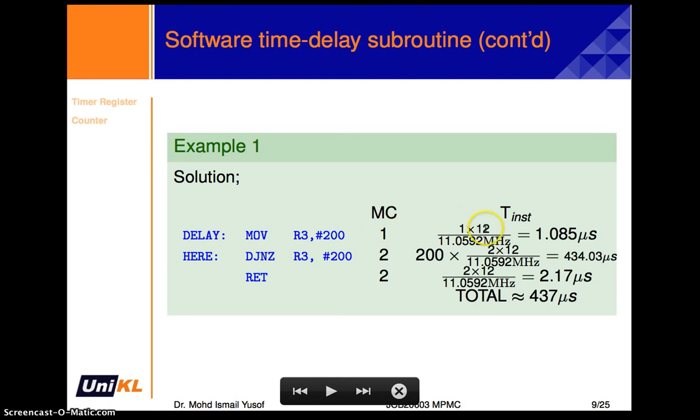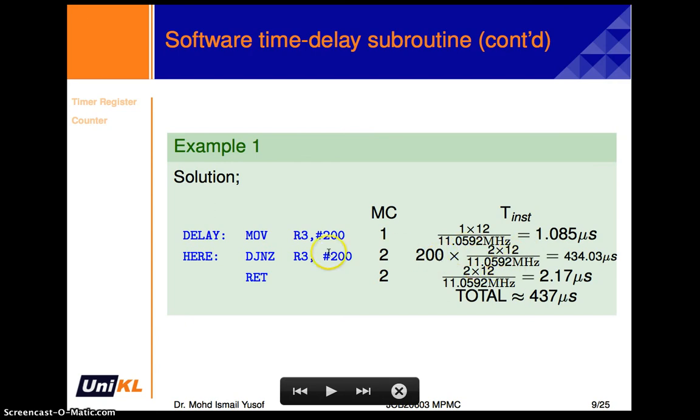So 1 times 12 over 11.0592 gives 1.085 microseconds. DJNZ takes 2 machine cycles, so 2 times 12 over 11.0592.